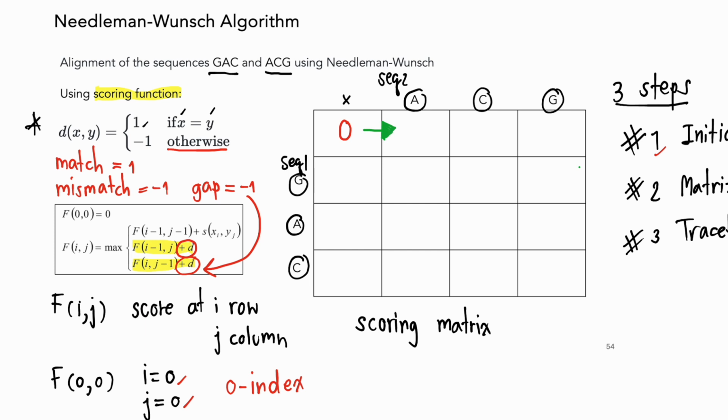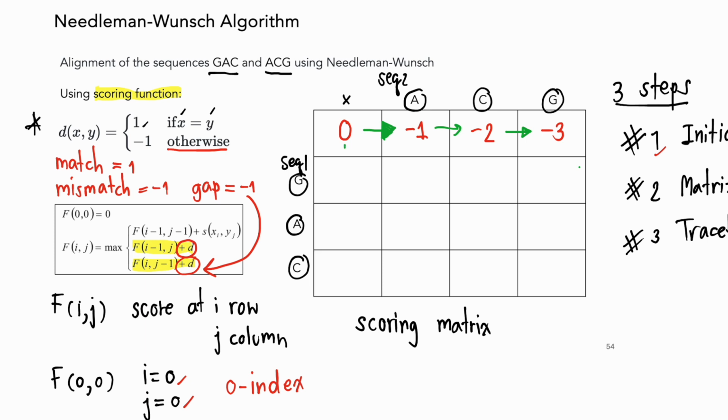So 0 plus gap penalty score -1 will be -1. -1 plus gap score -1 will be -2. -2 plus -1 is -3. We will put the final score in the first row.